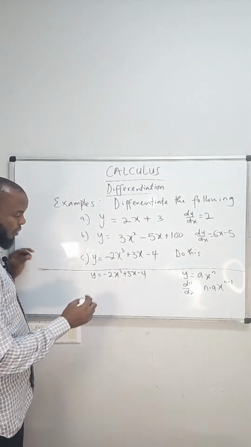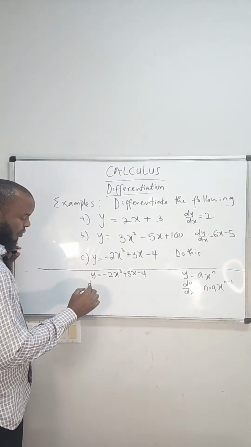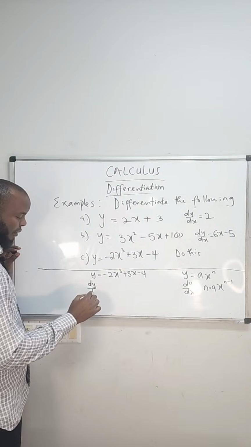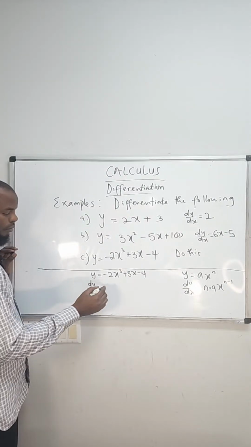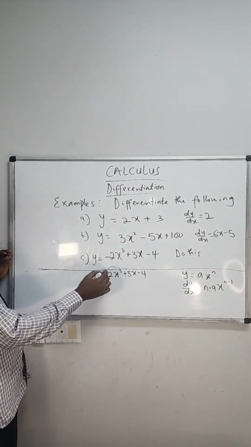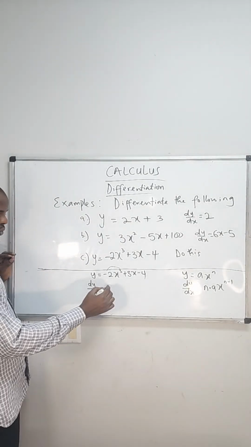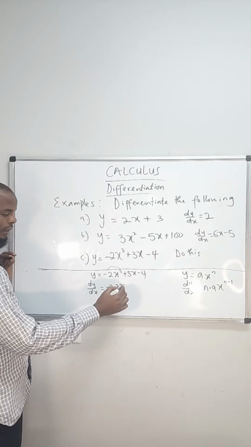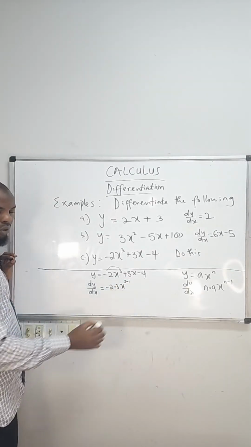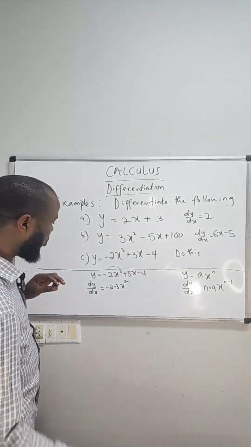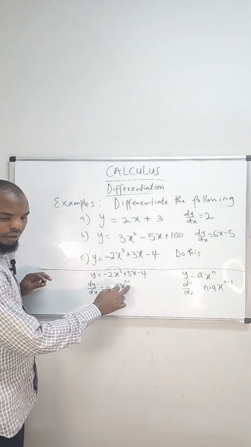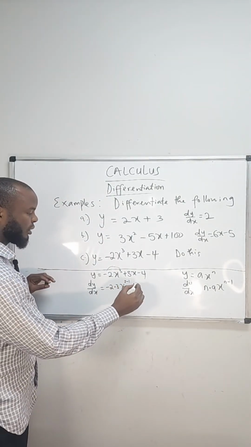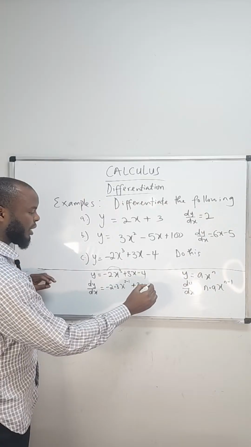Now using the same approach, here we have the first derivative, dy/dx. So let the 3 come down. So we have negative 2 times 3, x to the power of 3 minus 1. So just take away 1 from the power. Plus 3x minus 4.